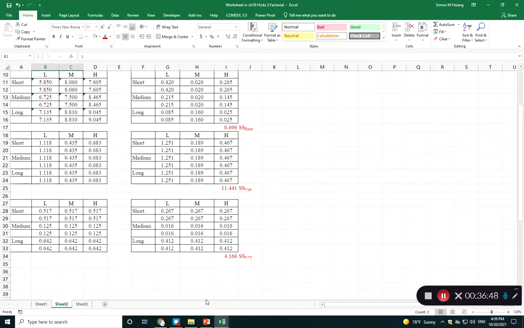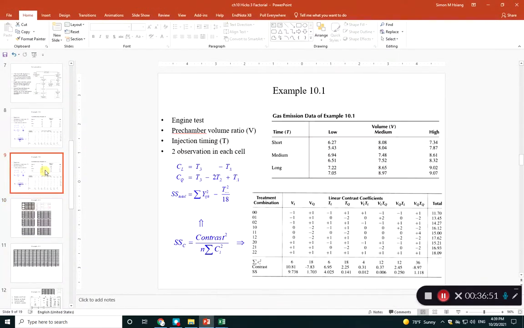Let me do this. People show hands. Can I treat this as 3 subway stations, low, medium, high, and figure out the total sum of square and the error term this way, vertically? You can do that, agree? Can I treat them this way? 3 degrees of freedom, agree? Right?